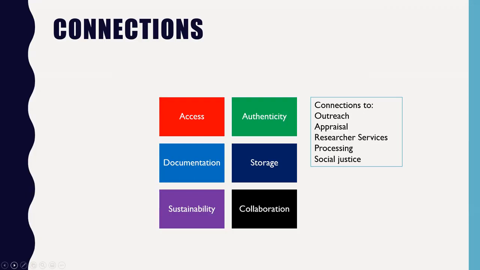All the different aspects of a digital preservation program that I mentioned, they involve decisions that archivists make. And it's important that those decisions are recorded and made available for researchers, for donors, for the public, for stakeholders, just to encourage an overall level of transparency by an archive.